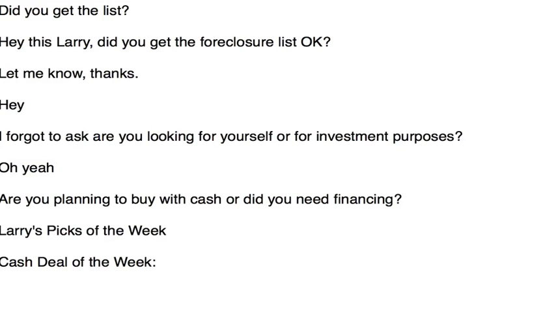But by calling it that, hopefully you're setting the precedent that, hey, if you respond to this, you better be a cash buyer, because if you're buying a $30,000 house, we can't be hunting for a mortgage and doing all this stuff for that. So I'd have the cash deal of the week.